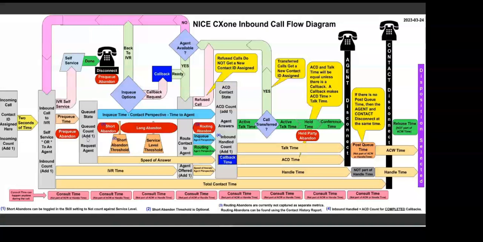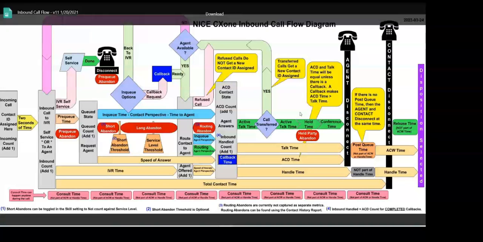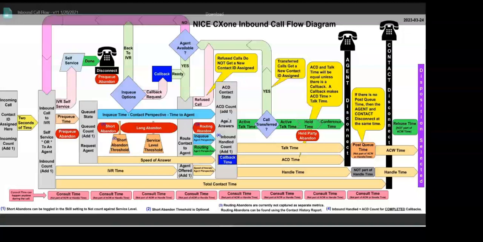It looks a little messy, but if you look at it for a little while, it begins to make sense. So the call just propagates from left to right. It's in queue. There's in queue time. And then it gets to this gray spot, it gets routed, which usually has a tiny fraction of a second, or maybe a second or two, between the routing time and it getting picked up by an agent.